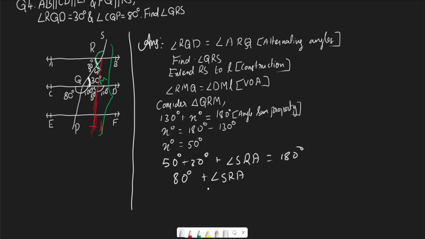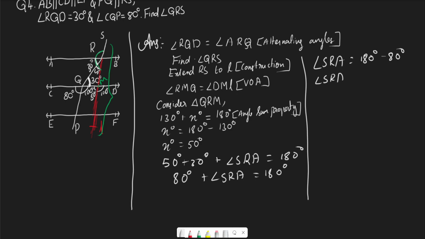So angle SRA is equal to 180 degrees minus 80 degrees, and that gives angle SRA equal to 100 degrees. Now we have to find angle QRS, right?